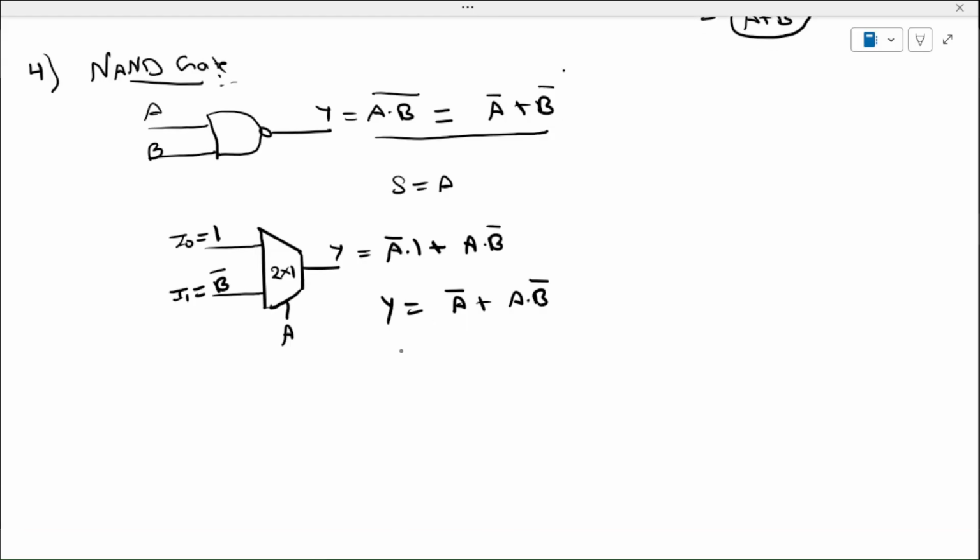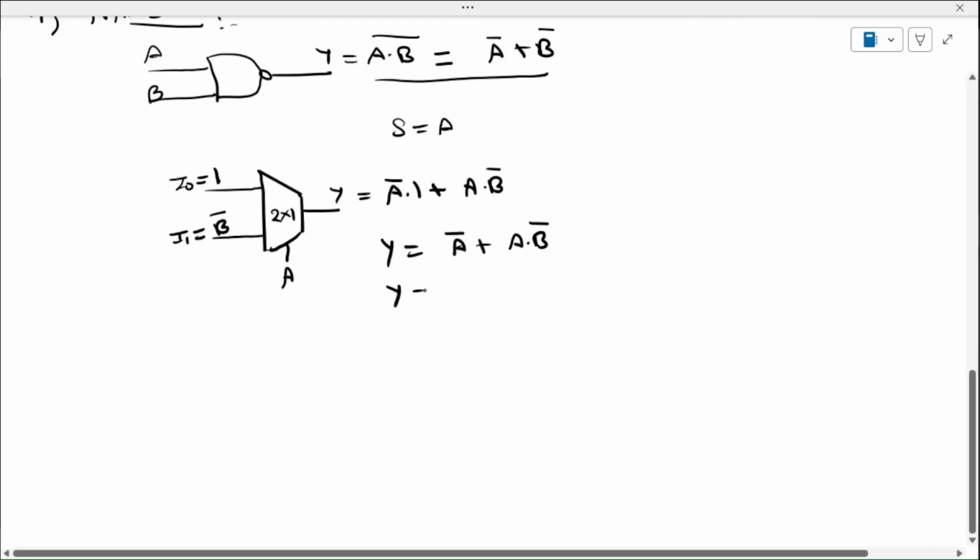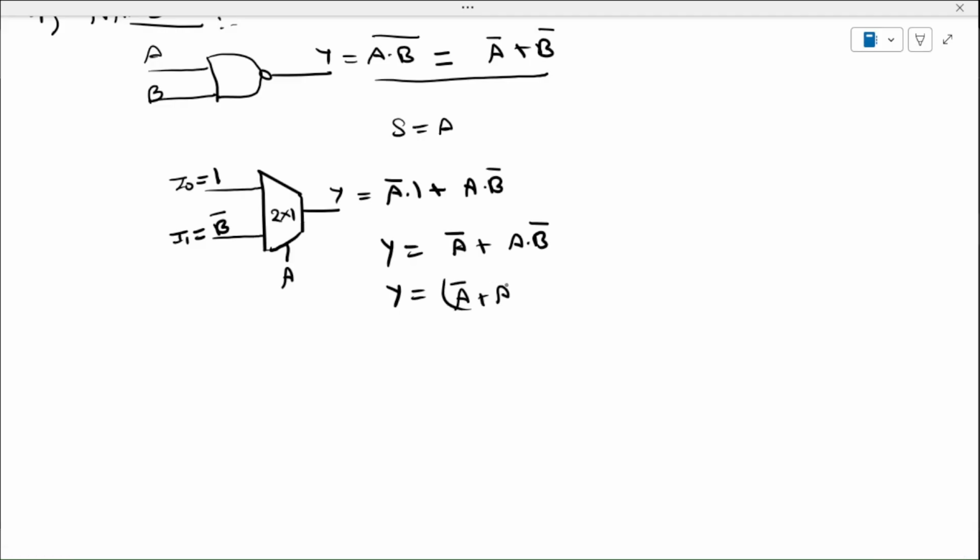By distributive law, we know that this can be written as A bar plus A times A bar plus B bar. This is 1. So Y becomes A bar plus B bar equals to A dot B whole bar. This is NAND gate only. Okay.